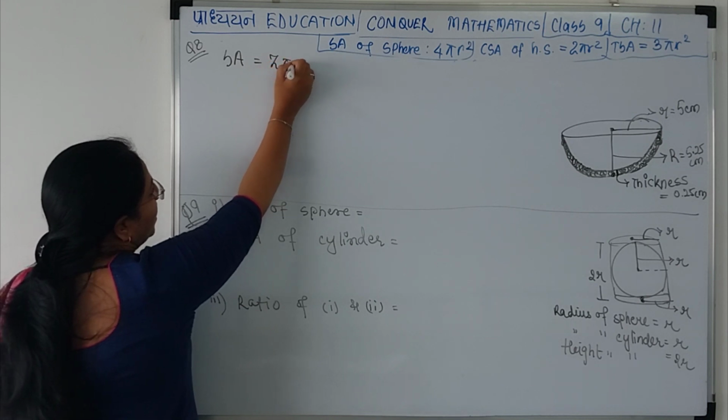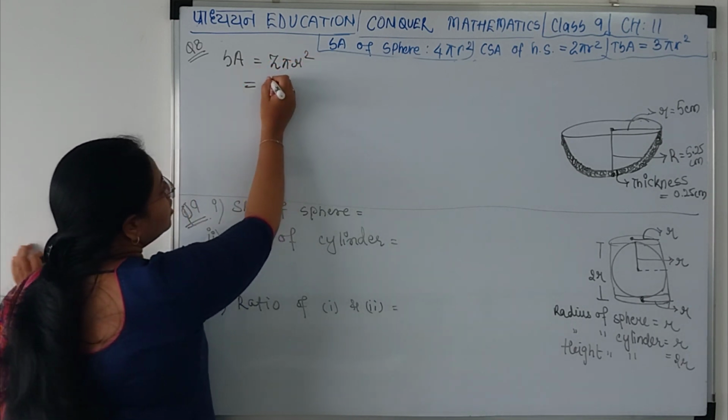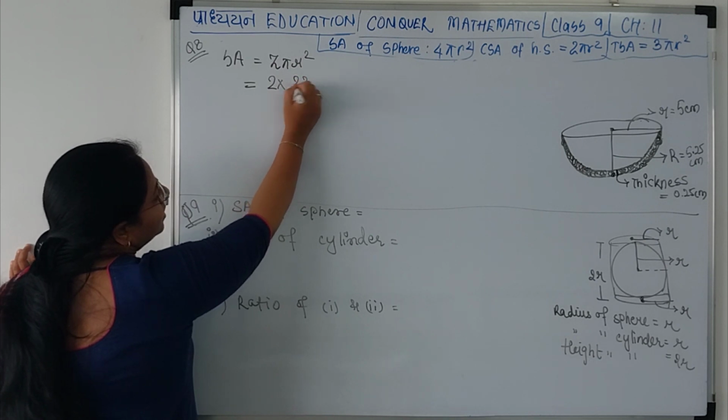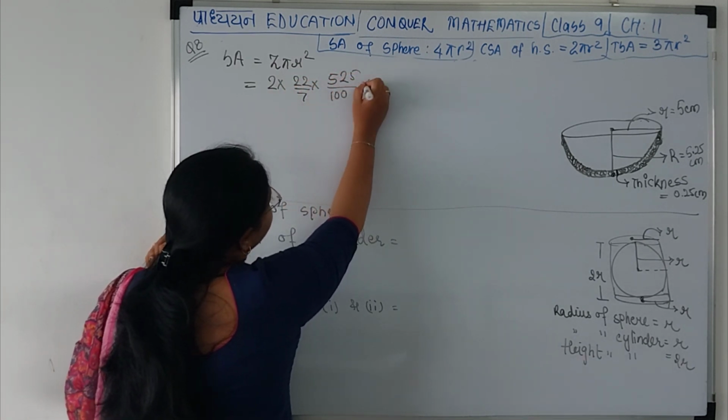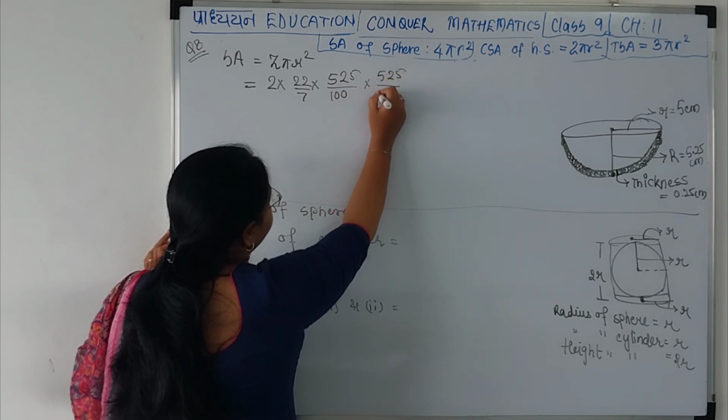It is 2 pi r square. That is what we get, 2 into 22 by 7. Radius is 5.25, so 525 by 100 into 525 by 100.